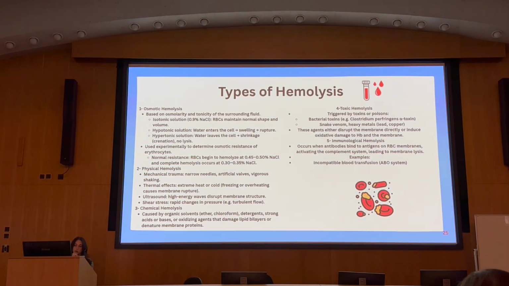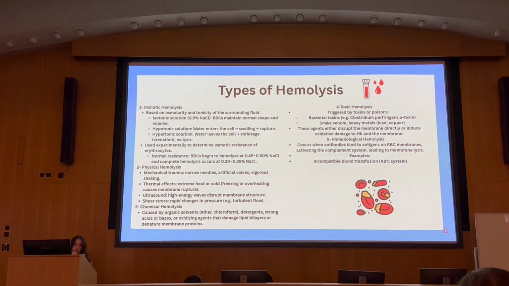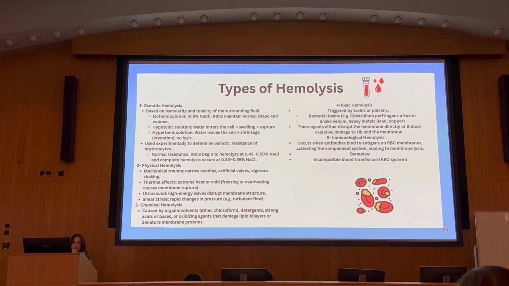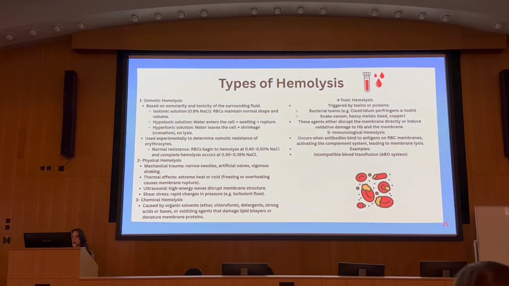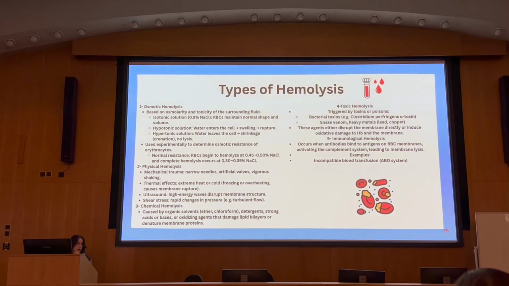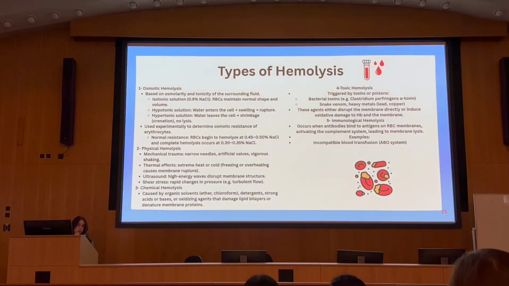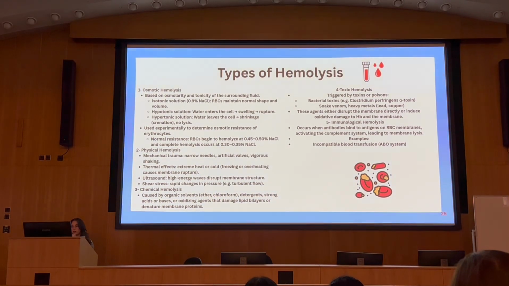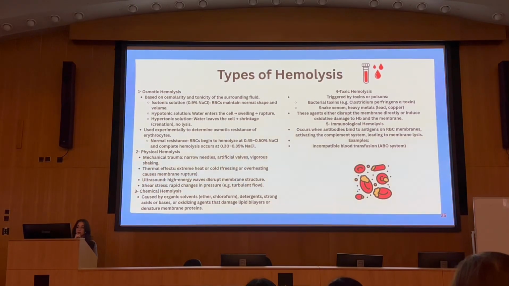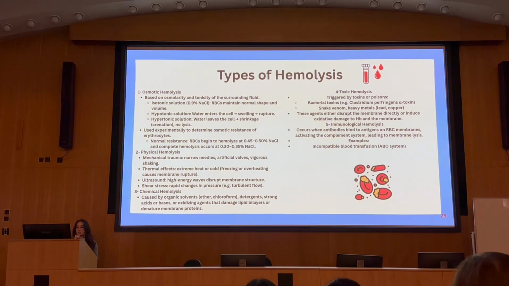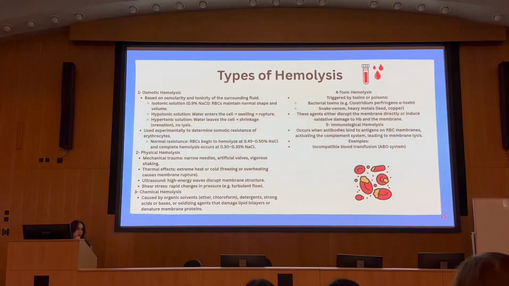It occurs when the antibodies are going to bind to the antigens on the red blood cell membrane, activating the complement system, leading to membrane lysis. I don't believe you guys took the complement system in detail yet, but you know that it's an immune response that is basically going to end in some sort of phagocytosis or engulfing of the cell. And the example of this is incompatible blood transfusion, which you guys should have taken by now.